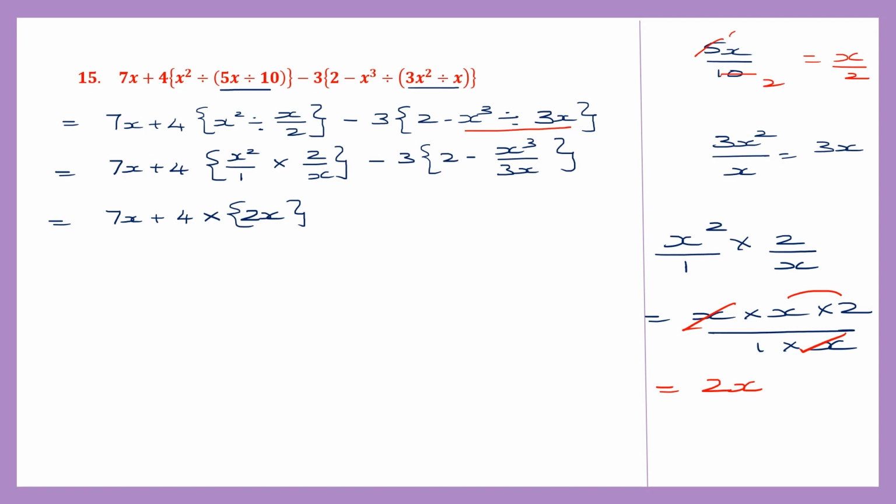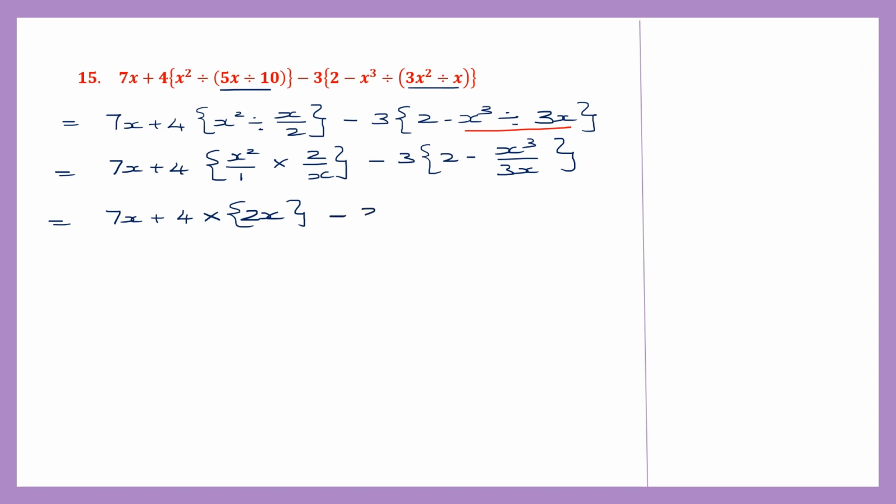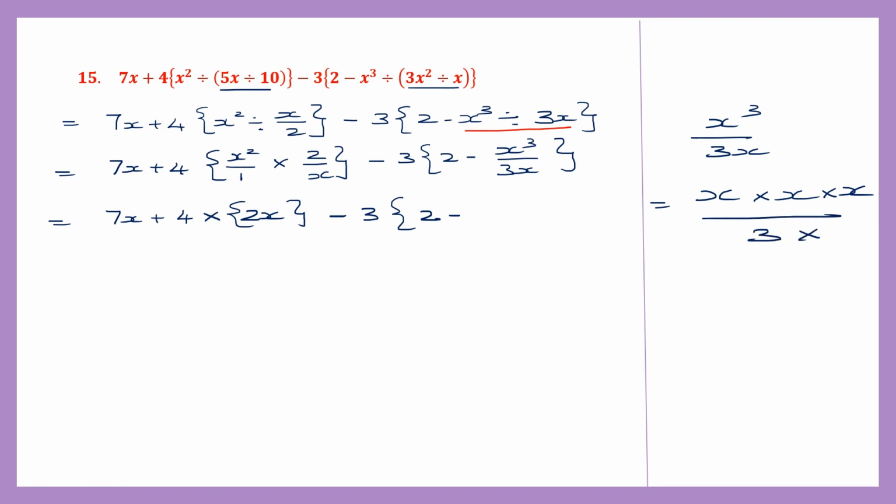Now on the other side, let's write minus 3 into 2 minus, let's work out this division. So that is x to the power of 3 divided by 3x. So again if I expand, it will be x into x into x divided by 3 into x. So when you cancel, you only cancel 1x.